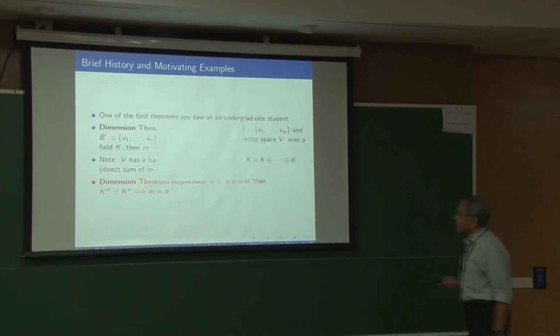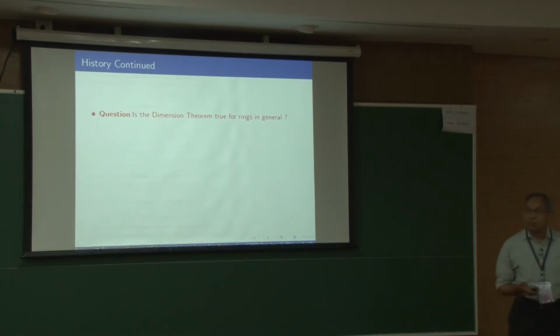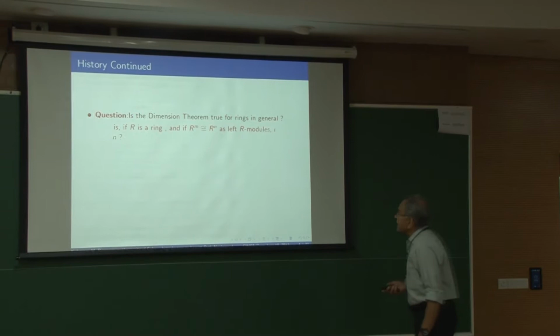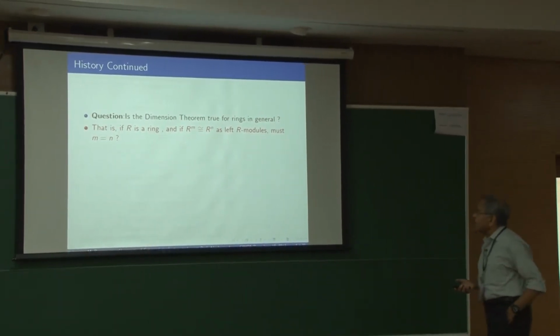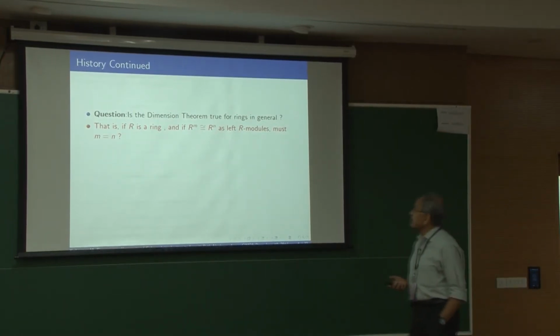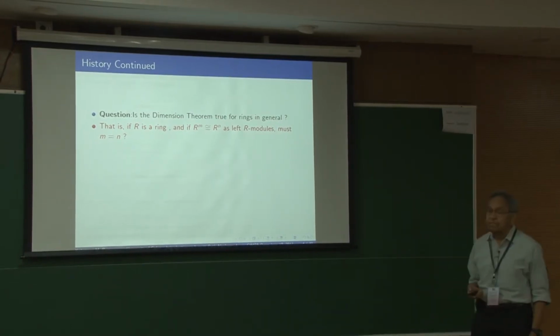So the question is: is the dimension theorem true for rings in general? That is, if R is a ring, and if m copies of R is isomorphic to n copies of R, considered as left R-modules, must m be equal to n?